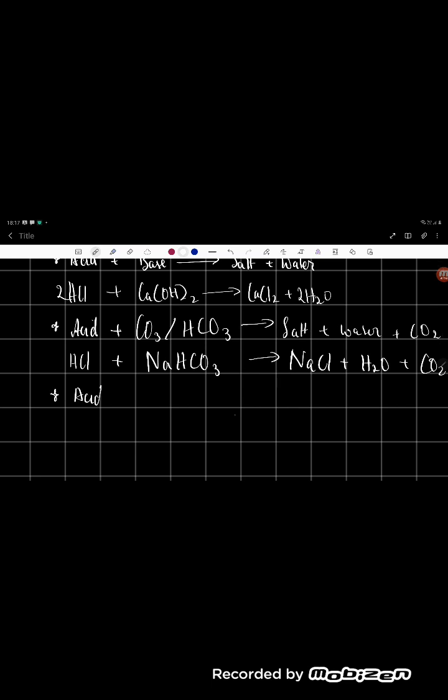The next one is acid plus sulfites and bisulfites, SO3/HSO3, which will give you salt plus water plus sulfur dioxide, SO2.